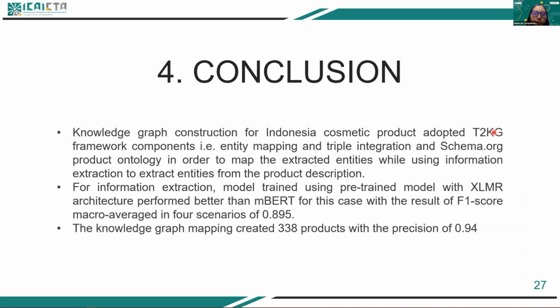Okay, I would like to ask, in your case, the product was cosmetics, right? So what if we implement this on other products? What kind of effort should we make? May I clarify the question? Does the question mean different domains or different products? Different products.